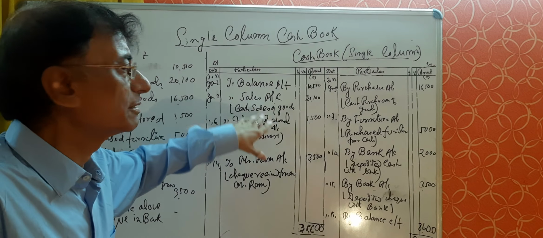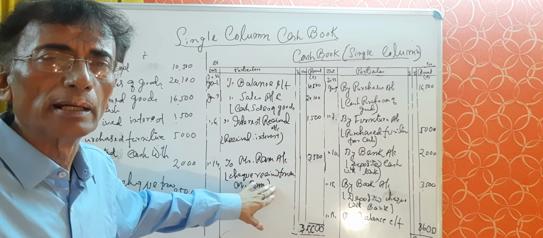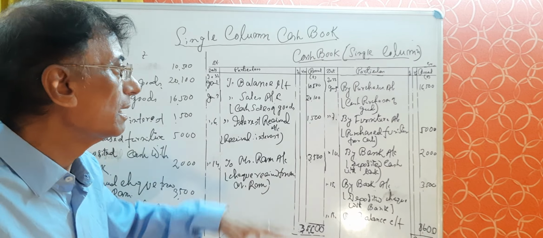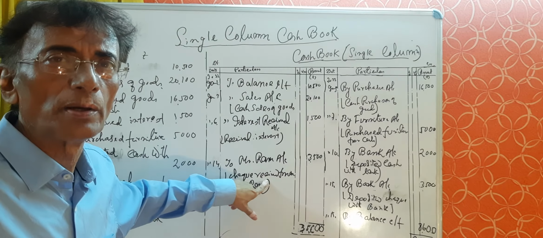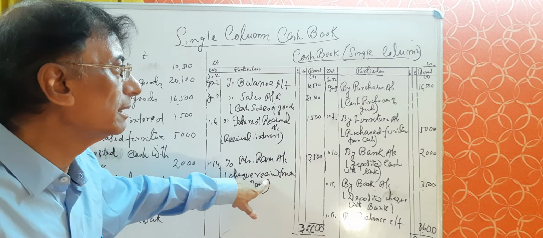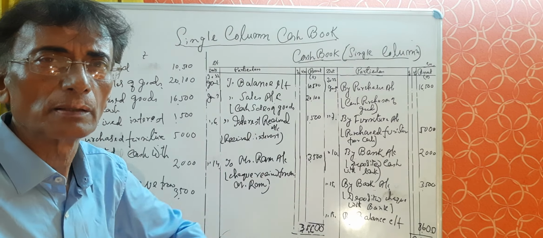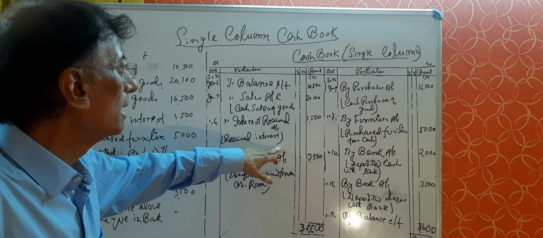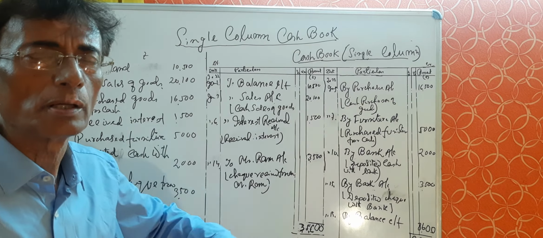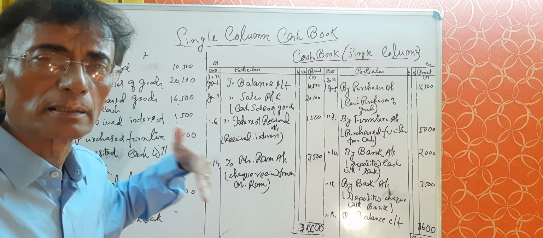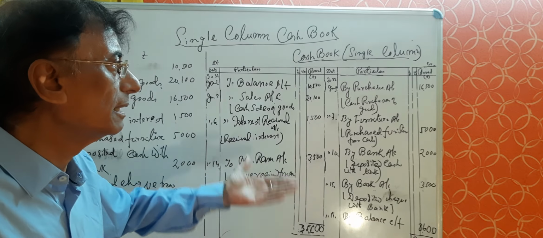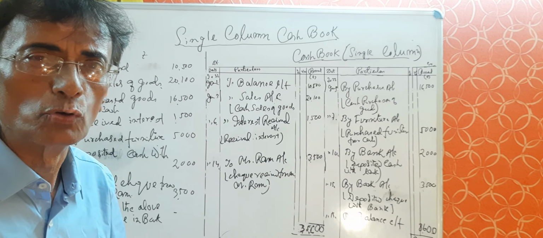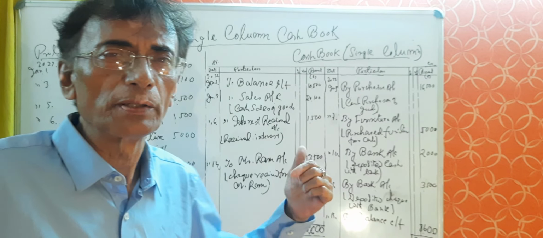Just go through the format, and you can get it also in your textbook, to follow the format accurately for getting the highest mark in the cash book in this chapter, and follow the procedure as I have shown in this class for better understanding or getting good marks in the topic single column cash book.